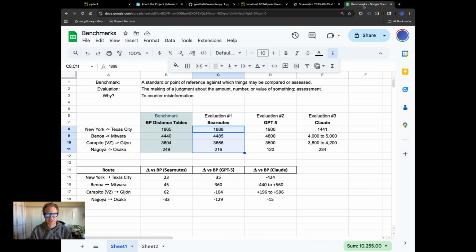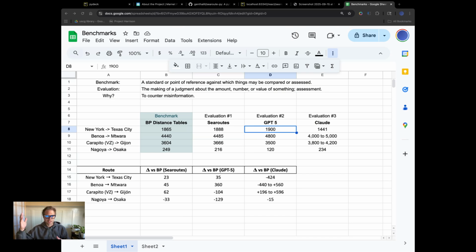What's interesting to me though is how Claude and GPT-5 did it. Down here you have the delta, which, I'm not a statistician, but it's kind of the difference between the two, the benchmark and the actual distance that was come up with by each evaluation step. And you can see that actually Searoutes did quite good. Now, this isn't representative.